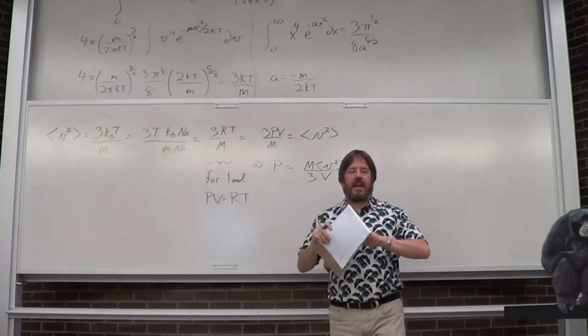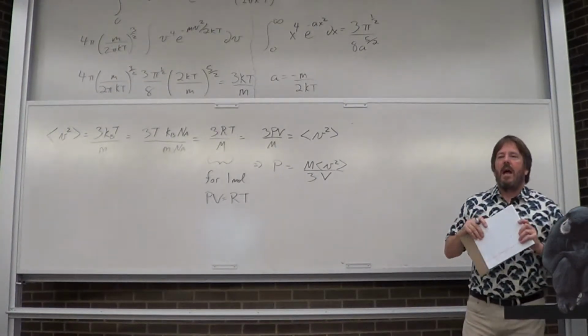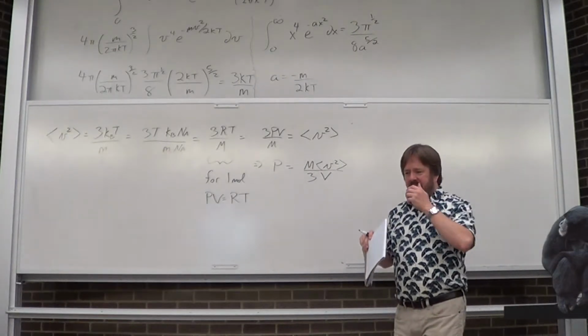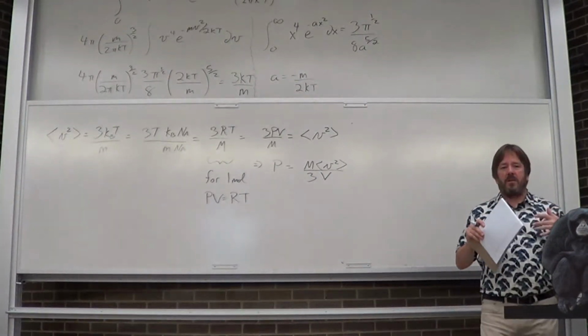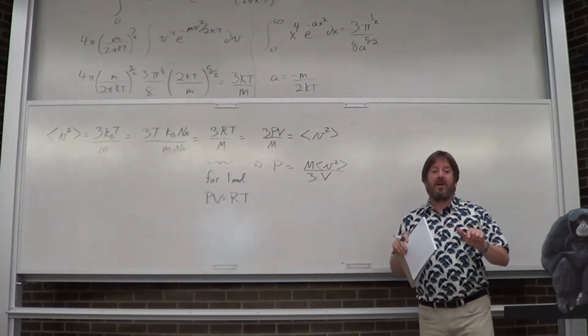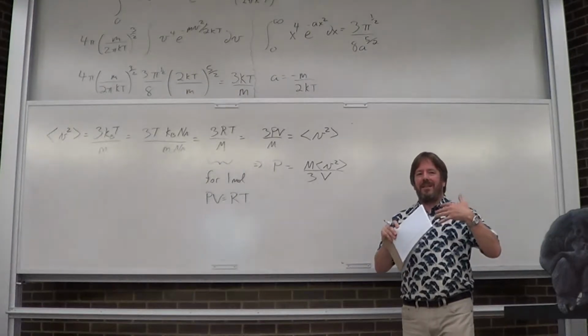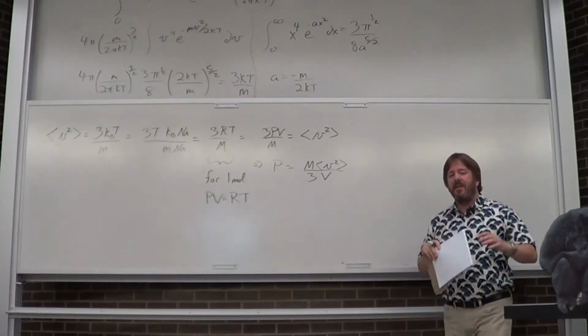Like air, the deviation is a tenth of a hundredth of a percent. It's incredibly small. You only see crazy deviation when you're at extremely high temperature, or when you're at extremely low temperature when the gas is about to liquefy, because the perfect gas law isn't going to describe a liquid. So that's when you see deviation.